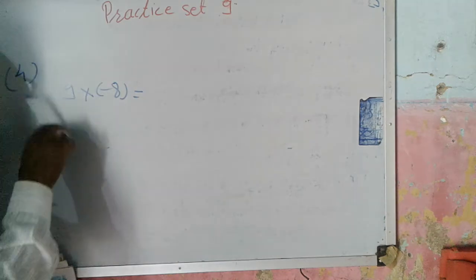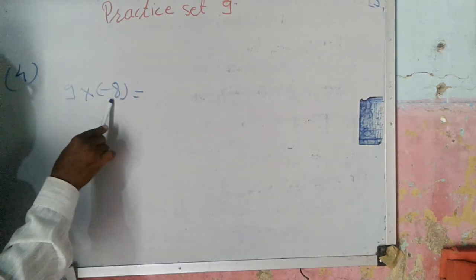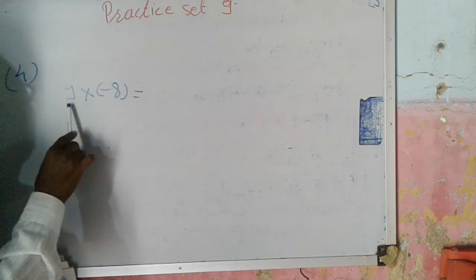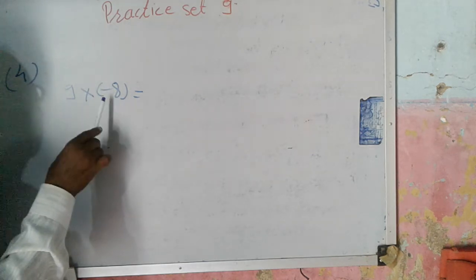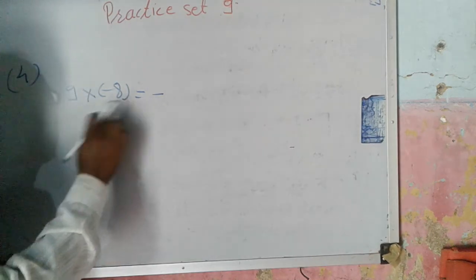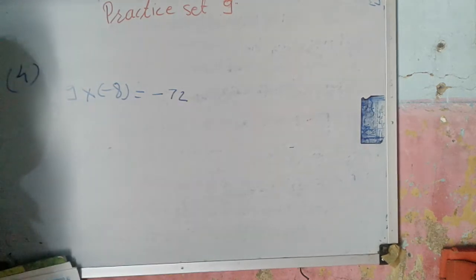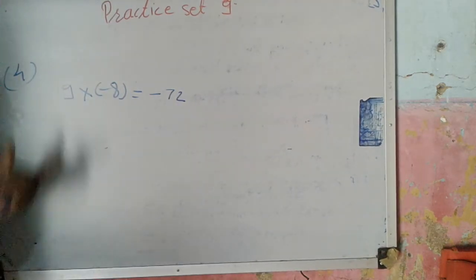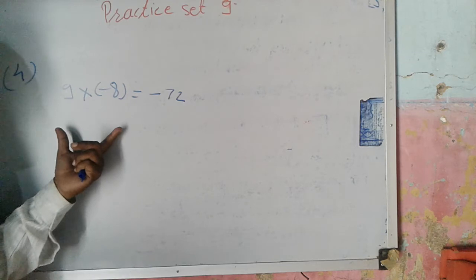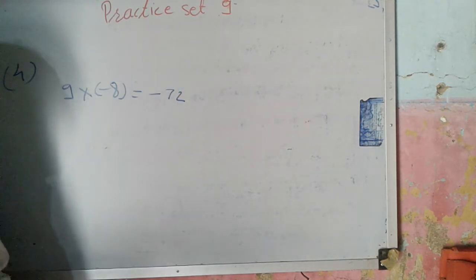Here one integer is positive, one is negative, and therefore the product of one positive and one negative number is negative. So this product will be negative. 9 8s are 72. In this way, similarly, you can choose other 3 pairs for multiplication.